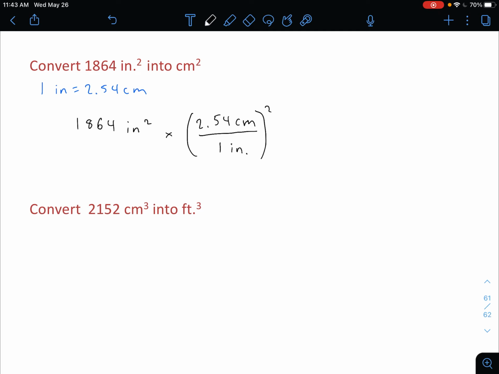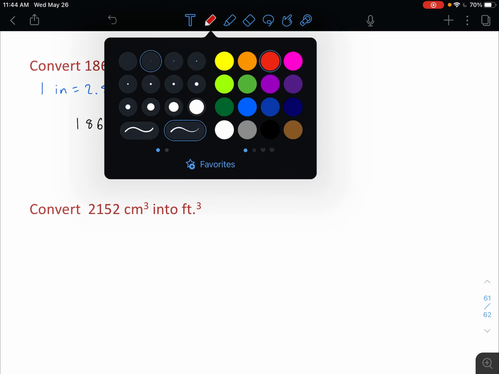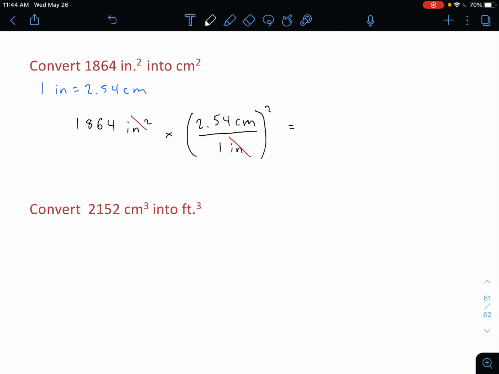And then I square the whole quantity, the number and the units, so that inches squared will cancel with inches squared. And numerically, I'm multiplying by 2.54 squared.